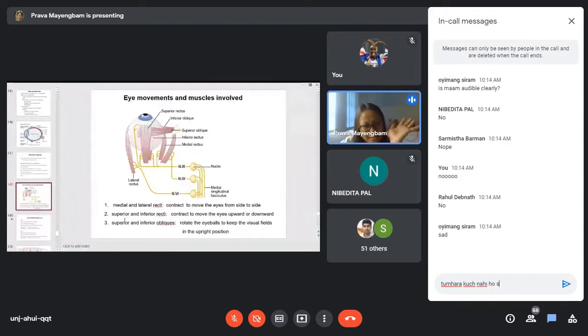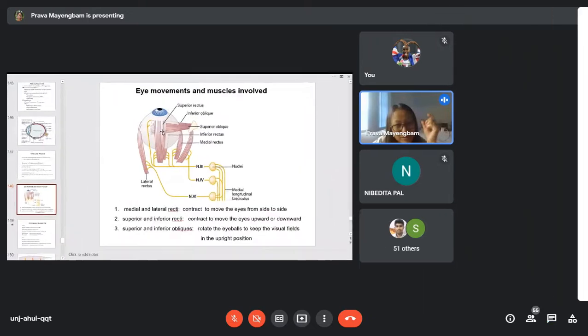There are 6 muscles, which maintain the correct movement depending on the position of the object to be seen, and adjust the eye to have a normal position.